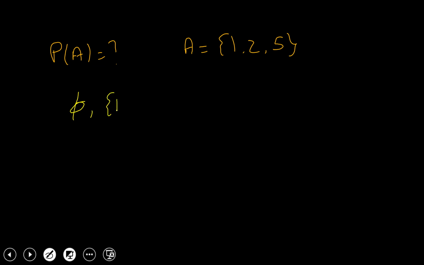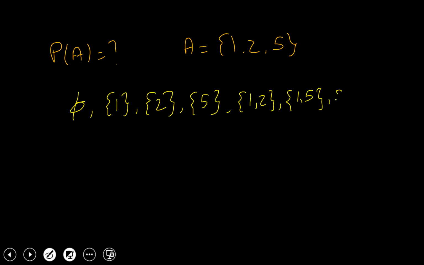Then I have singleton 1, singleton 2, singleton 5. Then we have the pair 1 2, the pair 1 5, the pair 2 5. Then finally I have the set 1 2 5, which is A. These are all the subsets of A, which we call the parts of A.